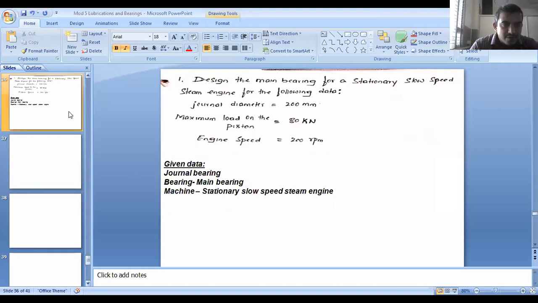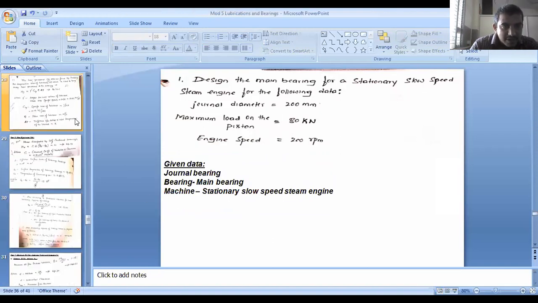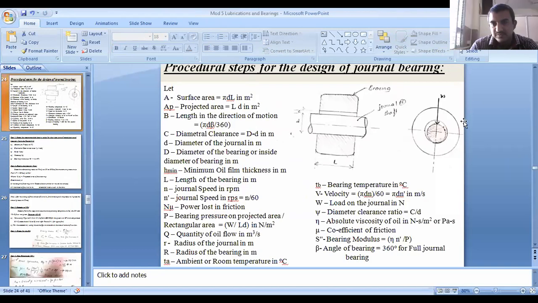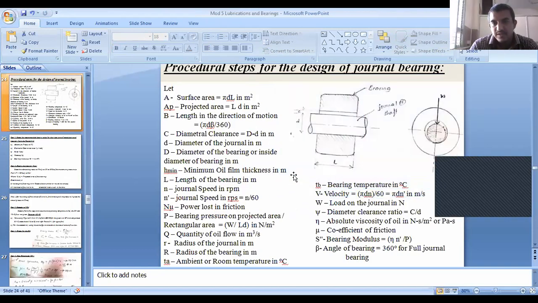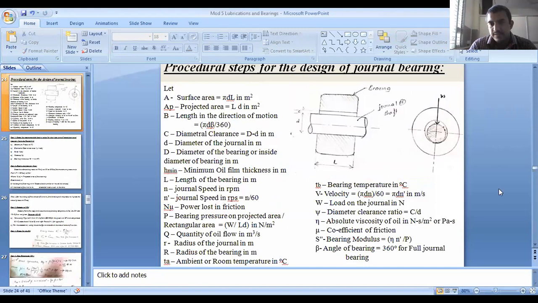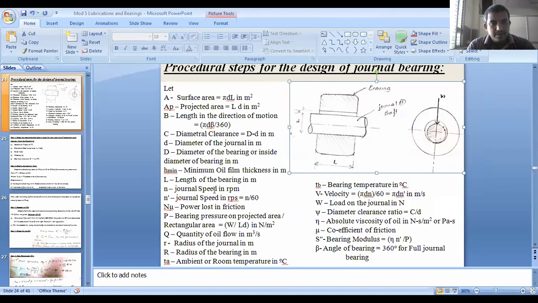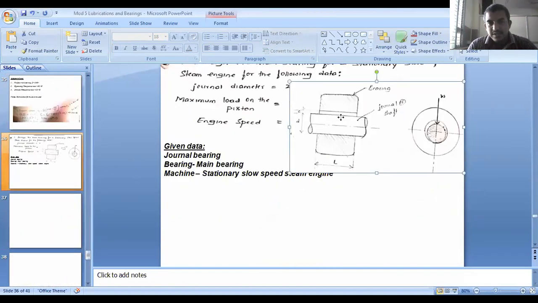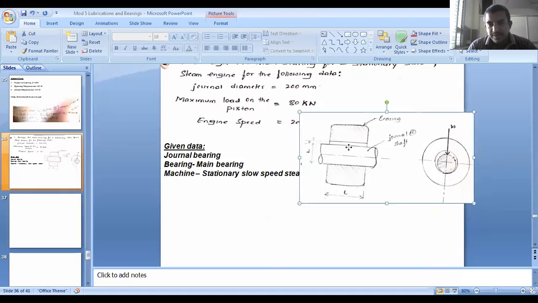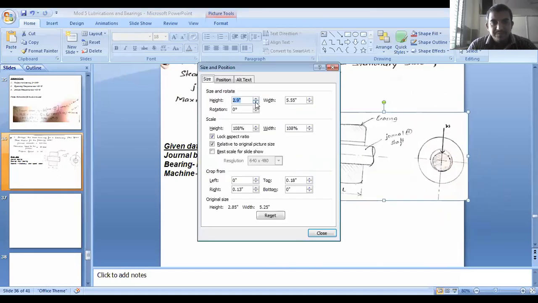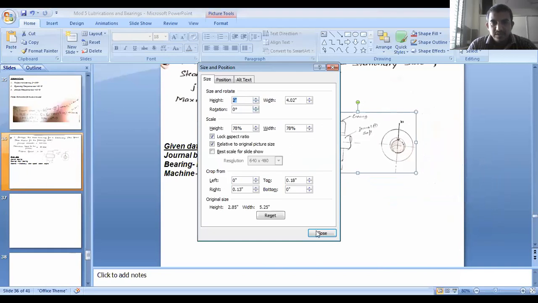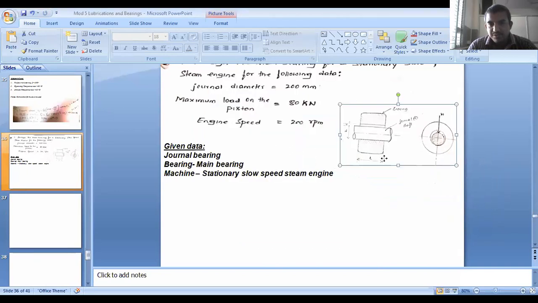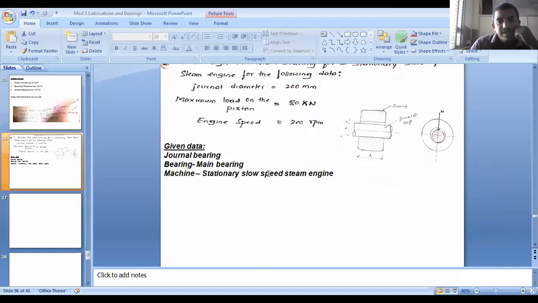Next, for the following data, journal diameter. If you want the sketch, better you take the appropriate sketch. What type of bearing is it? A journal bearing. So take the appropriate sketch for the journal bearing. What is the journal diameter?